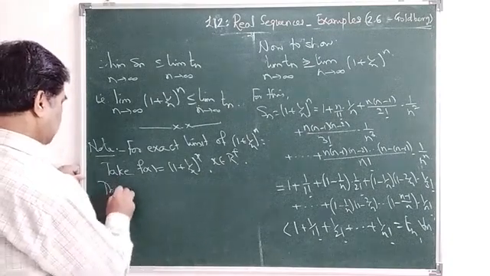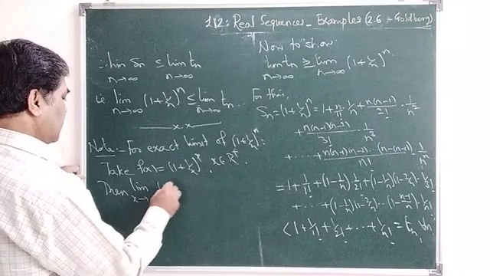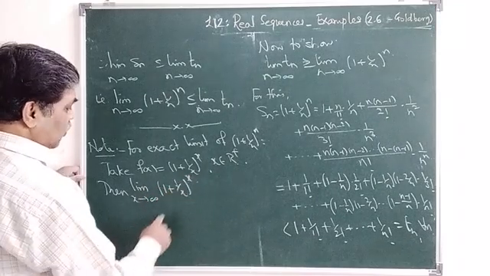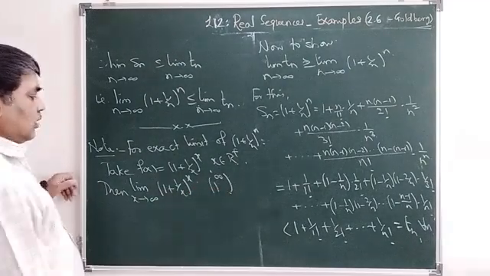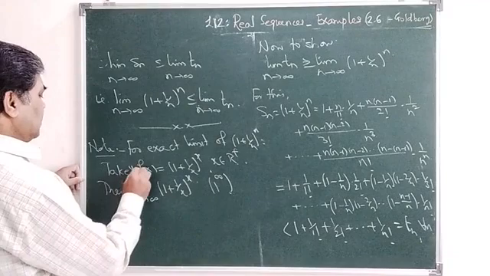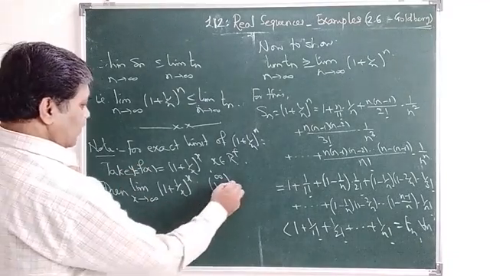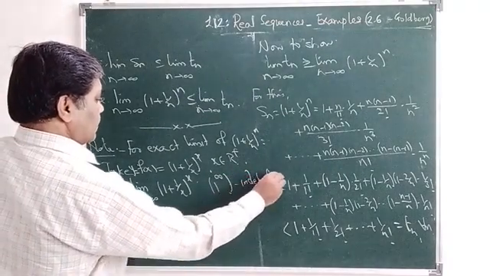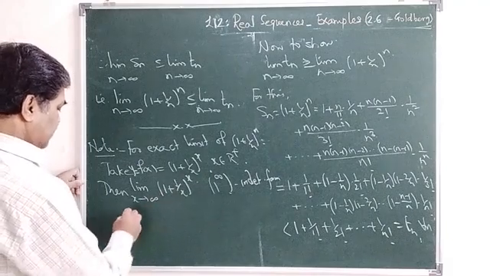Then limit x tends to infinity of 1 plus 1 upon x raised to x has the form 1 raised to infinity. If I take y equal to this, it is an indeterminate form, right?